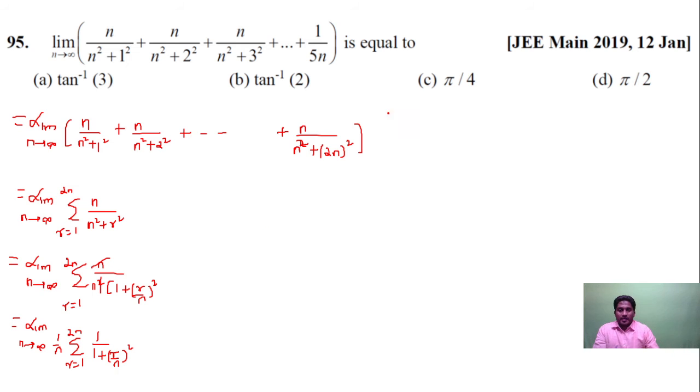Now I'll replace summation by integral, r by n by x, 1 by n by dx.